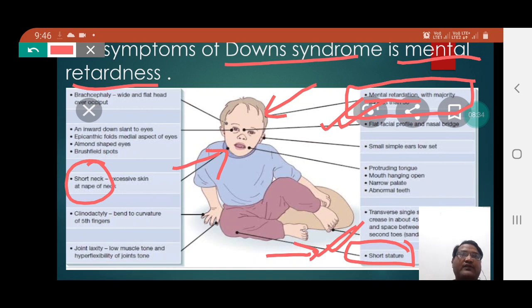This is another important feature of Down syndrome, where the person will not be able to have proper development of the neck, and he will have reduced neck development. Students, another very important feature of Down syndrome is that the person always has a protruding tongue and opened mouth. So this feature also explains that the person behaves in an abnormal way if he is suffering from Down syndrome.